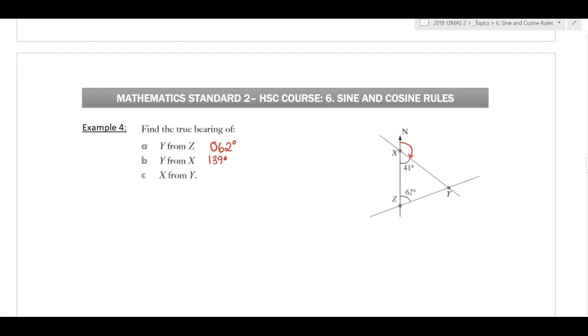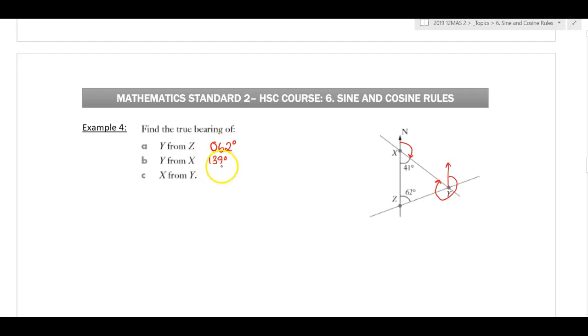Now, of X from Y, here's Y. I could draw an arrow here, from Y to X. I need this one here. We can see that's going to be more than 270. But remember, we're just doing the back bearing of this one here, going the opposite direction.